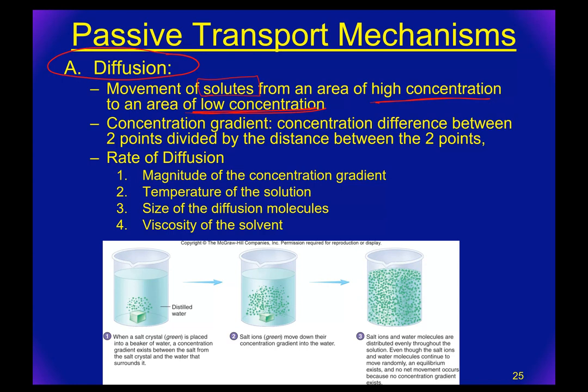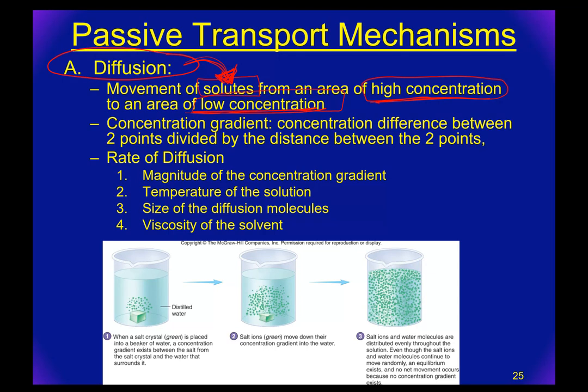Anything that would dissolve in a solution. So we've got this movement from a high concentration to a low concentration. Now, the thing with diffusion is we're always talking about solutes. Okay, that's a big thing. We're always talking about solutes. So the concentration gradient.